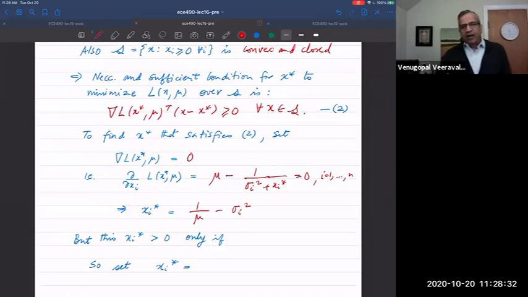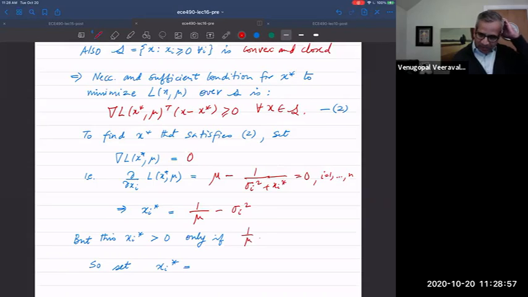But of course, this gradient would be 0 only for interior points, and for interior points in the set, xi cannot be equal to 0. So this solution xi star would be positive only if a certain condition holds: 1 over mu must be bigger than sigma i squared.